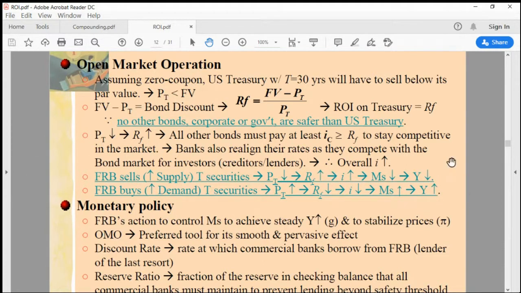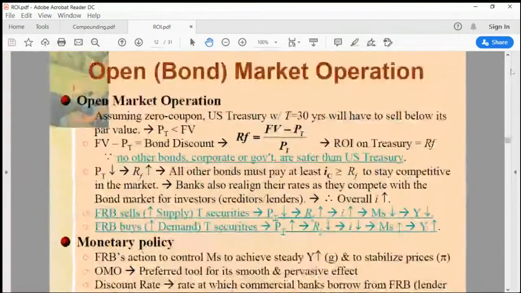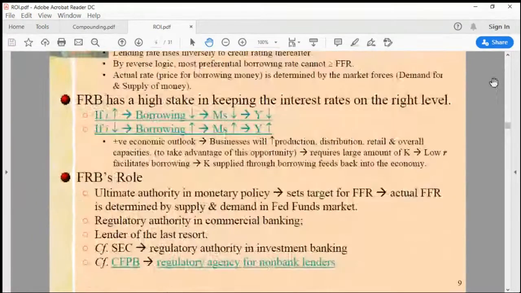If you think about it, this schematic picture is complete because previously, if you look at this, since I already explained this, you understand the inverse relationship between the interest rate and the GDP, or the output of the economy.